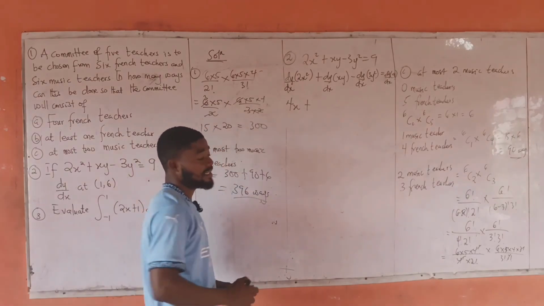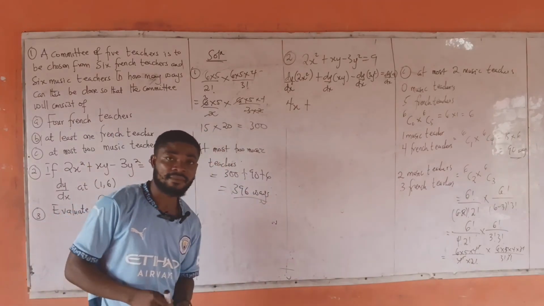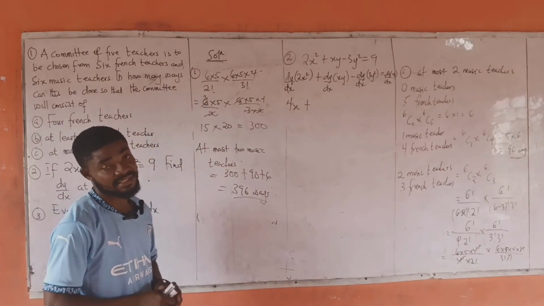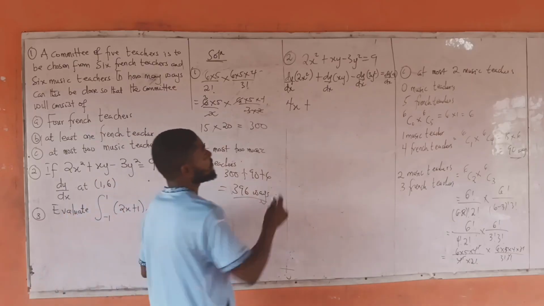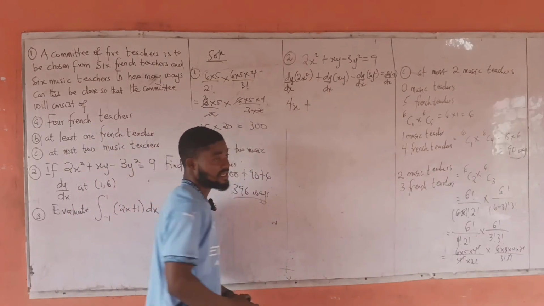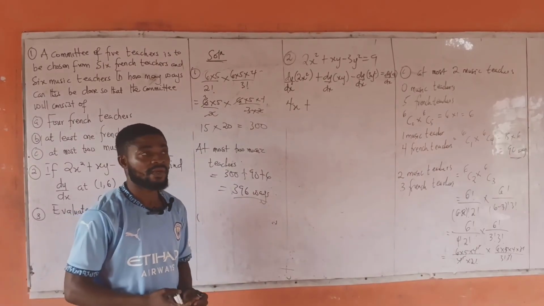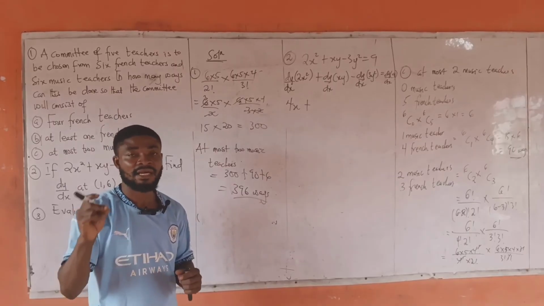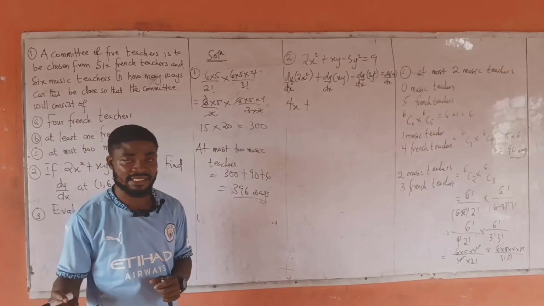Now we come to this side. We are going to apply the product rule. So first of all, we hold x constant. When we hold x constant and differentiate y, we are going to have x plus dy/dx.